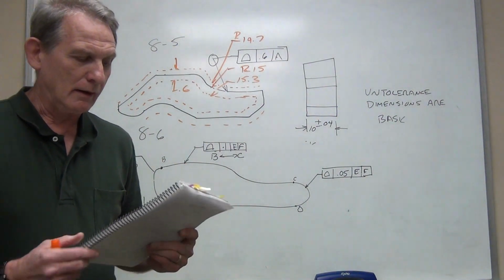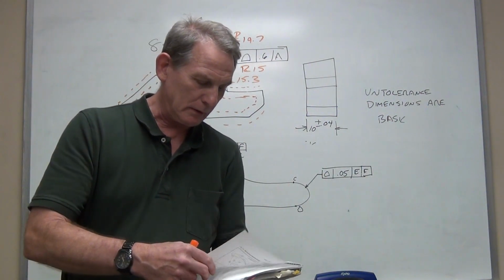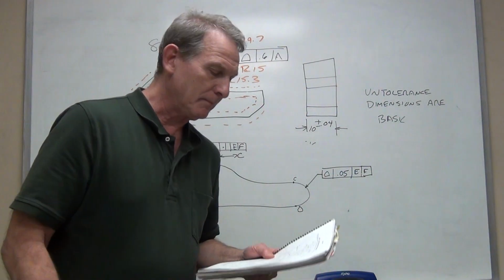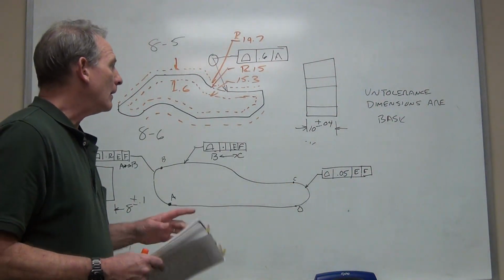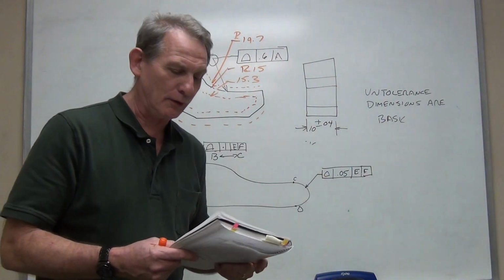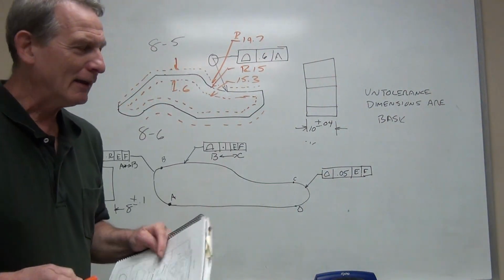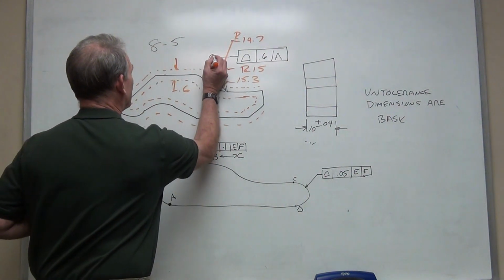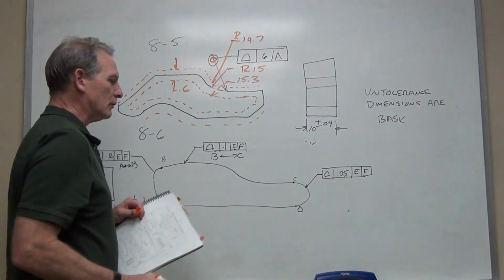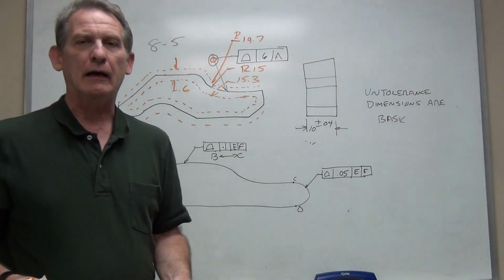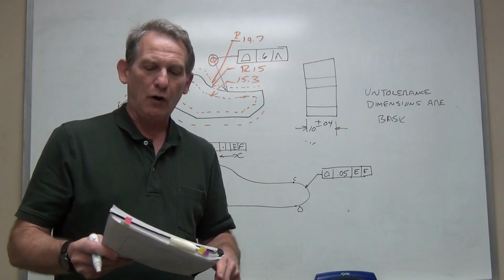Now, we'll skip up a little bit here, and if you look at figure 8.8, you'll see that we can do something even more powerful and even more expensive, and that is if we put a double arrow in here with the addition of another circle. If we have a double circle there, that means that profile tolerance applies all over.